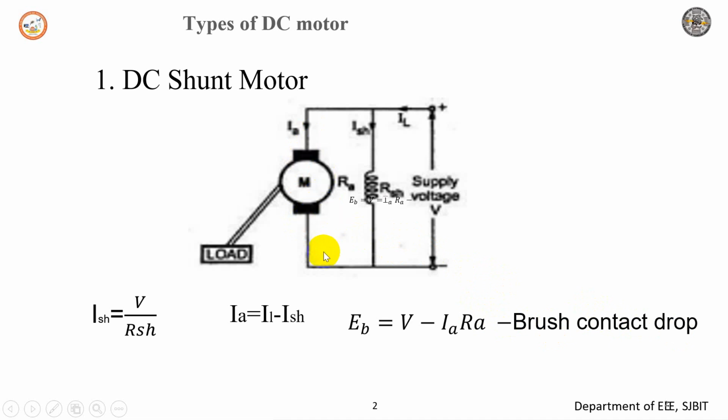In the shunt motor, if you observe, RA will be very small compared to RSH, and the flux produced by this field winding will be proportional to the current passing through it. Therefore, the flux phi is proportional to ISH.